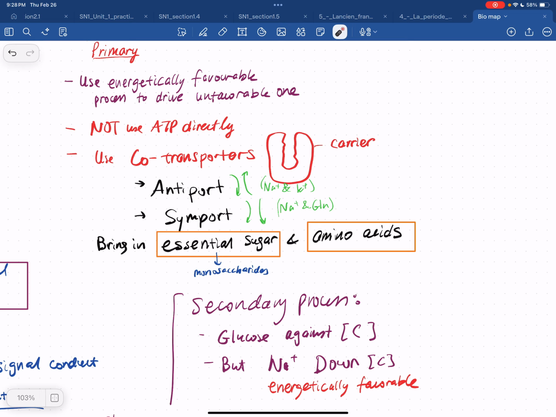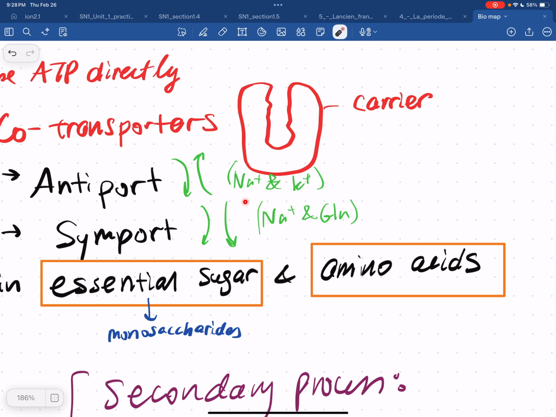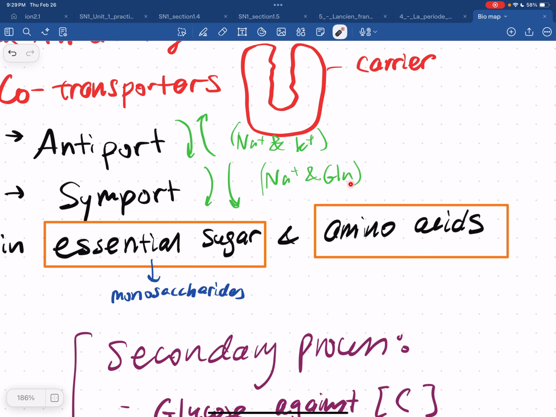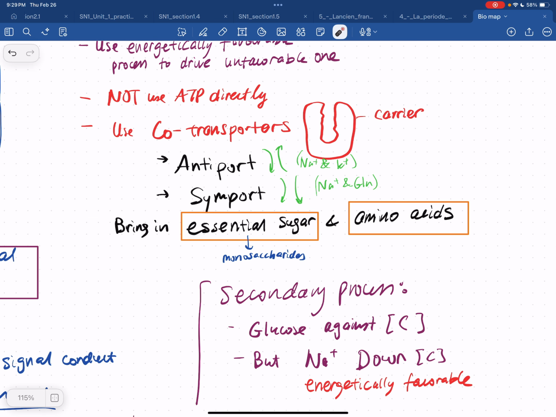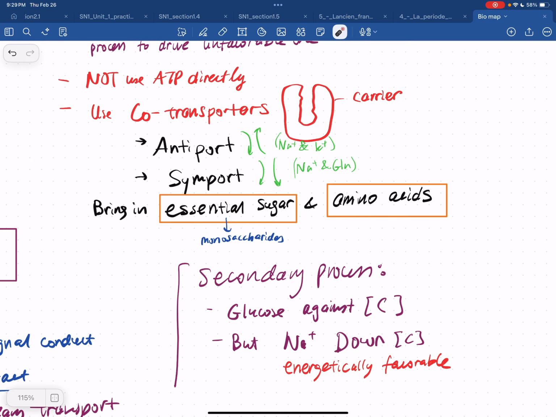Symport is both in the same direction. Antiport is in the opposite direction. So the sodium-potassium pump is antiport, and sodium-glucose coming in is symport, bringing in essential sugar and amino acids using these kinds of techniques.